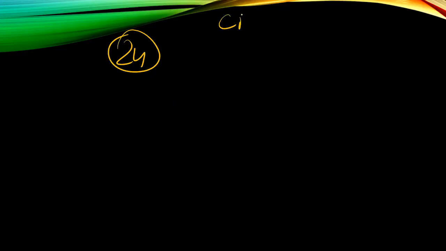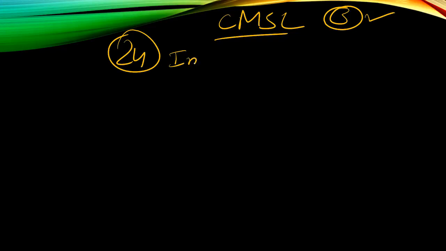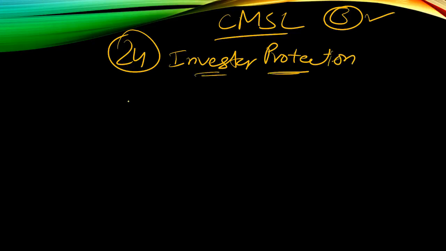last chapter in CMSL. So it is a long three-video session. If you have watched it, if you have come this far, congratulations. The last part is investor protection. This chapter was there when we were all studying, but it was not such a big chapter because investors were not having so many problems as we have today.